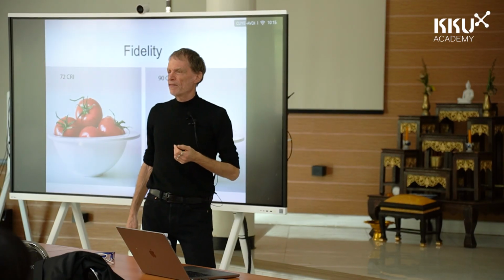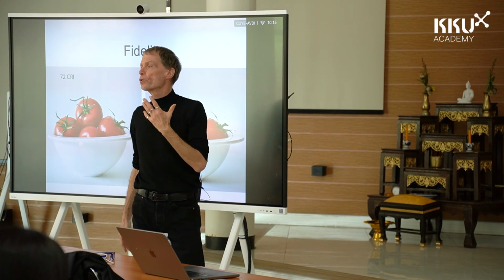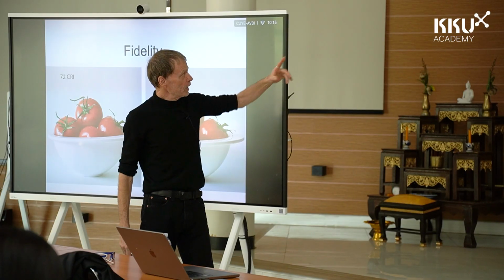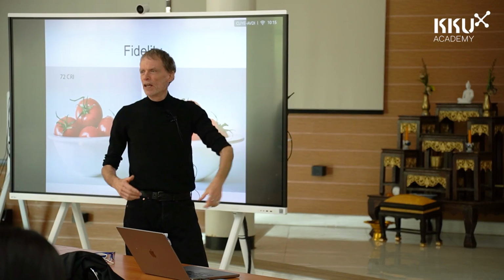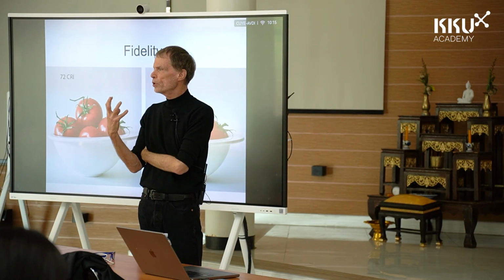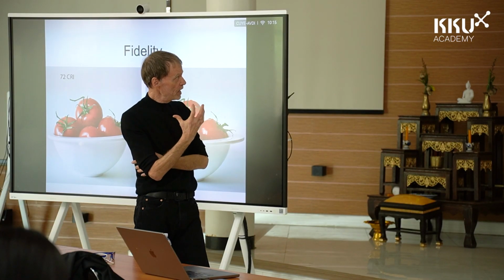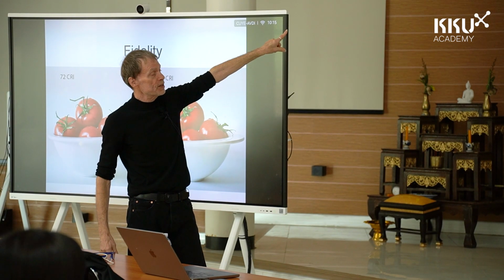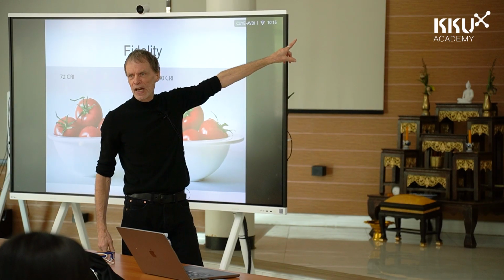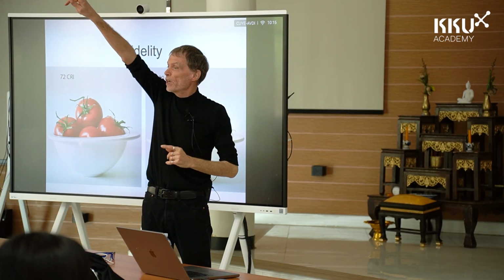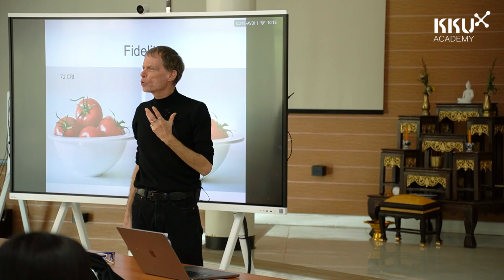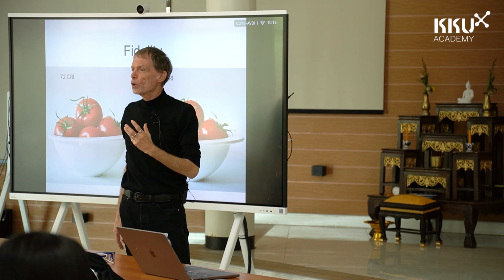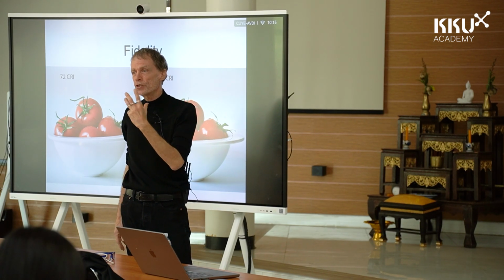Fidelity is like truth. When I look at this tomato on the right, the tomato looks like a tomato should look. That's good. But if I take the same tomato and put it underneath a 70 CRI light source, like this one here, it's going to look not great. So it's not true to nature.